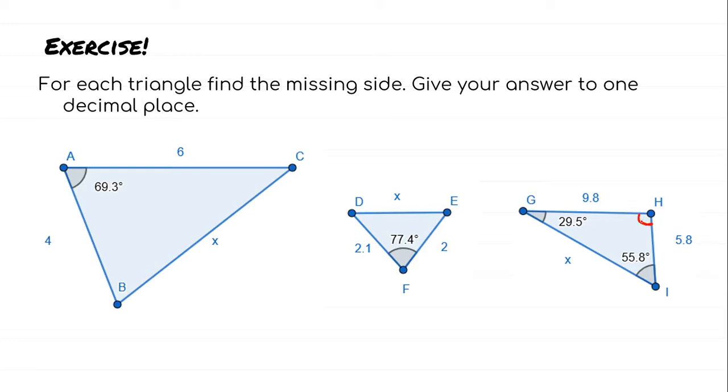You need this angle in order to use the cosine rule for the third one. And so for that reason, you're going to have to use these 2 angles to try and work out that third angle.